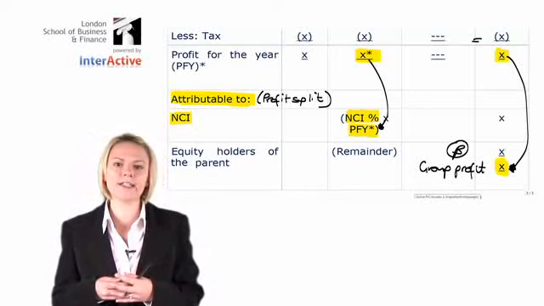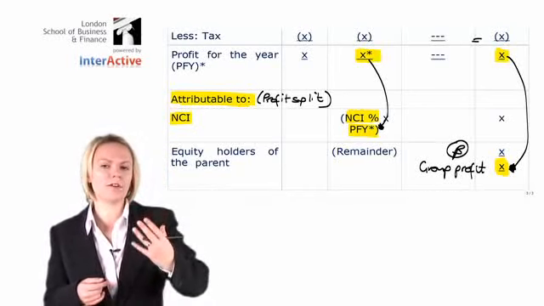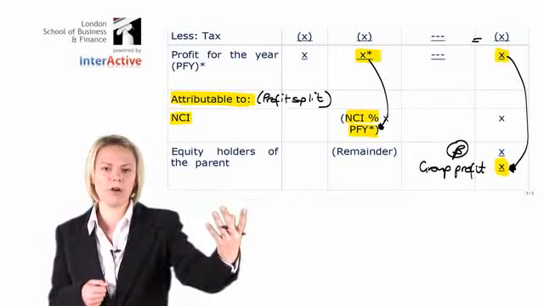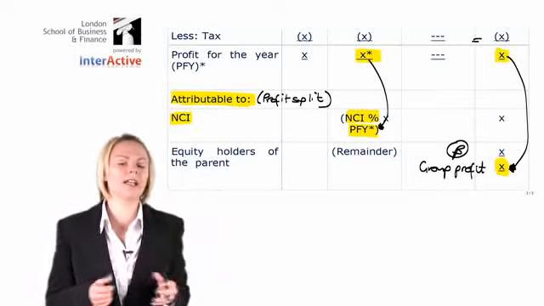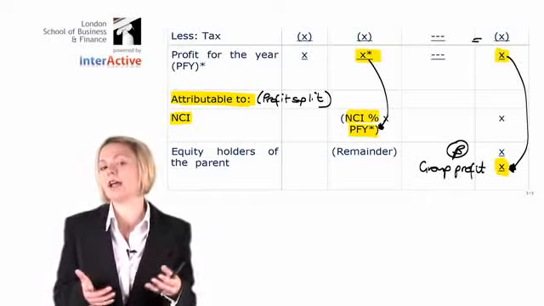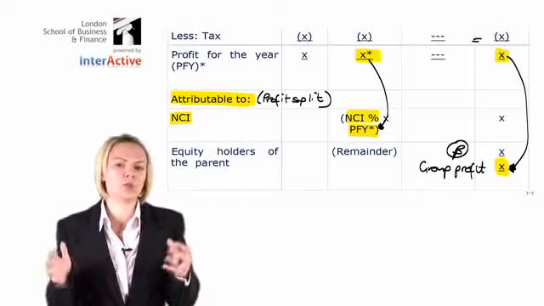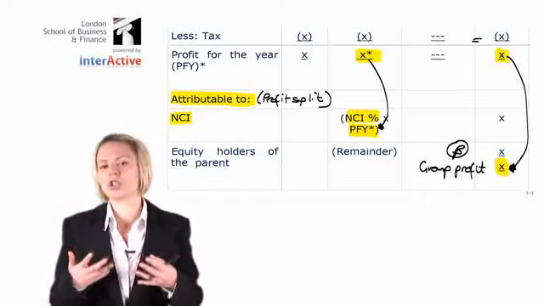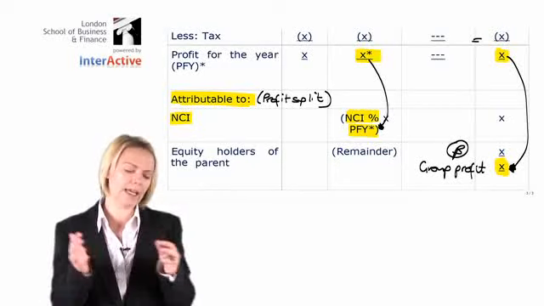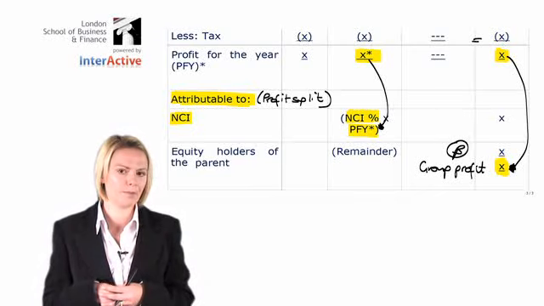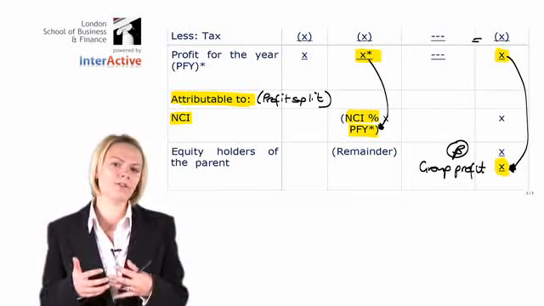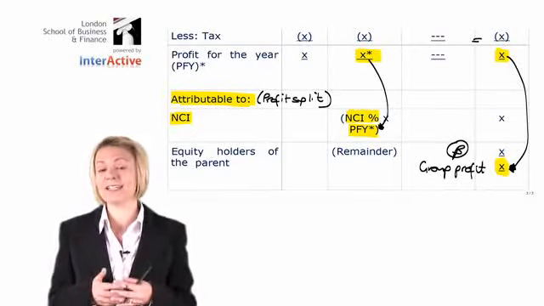The examiner could say to you, here's the group profit, here's the subsidiary profit, do a PUP adjustment, let's say. Now calculate the profit attributable to the NCI. And that could be a typical 2-mark question to do with group accounting in terms of the statement of comprehensive income. So, a lot of the complexities in group accounting we've already seen.